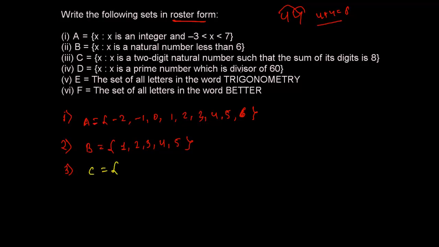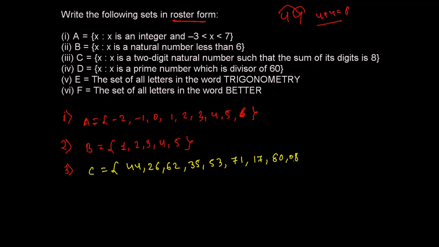So the first one, as I said, is 44, because 4 and 4 if you add, you'll get 8. Similarly, you can write 26, 2 plus 6 is 8. You can reverse it also, 62. Similarly 35, and you can write 53 also, and 71 because 7 and 1 is 8, so you can write 17 also, and 80.